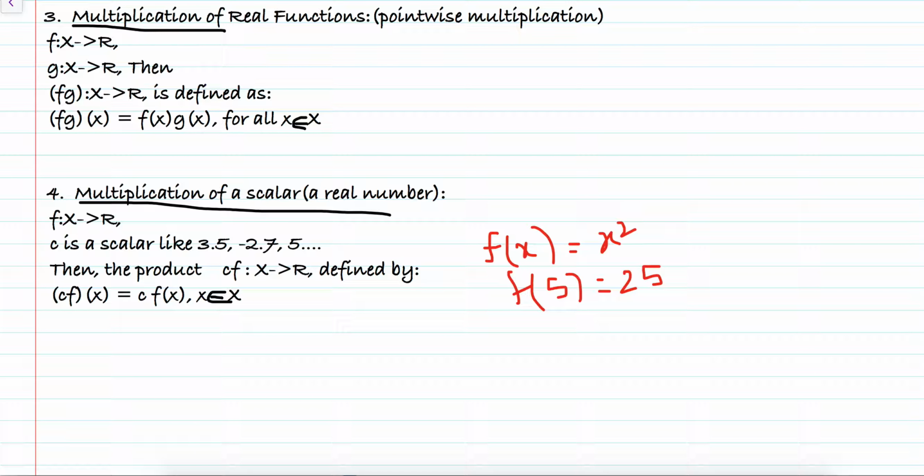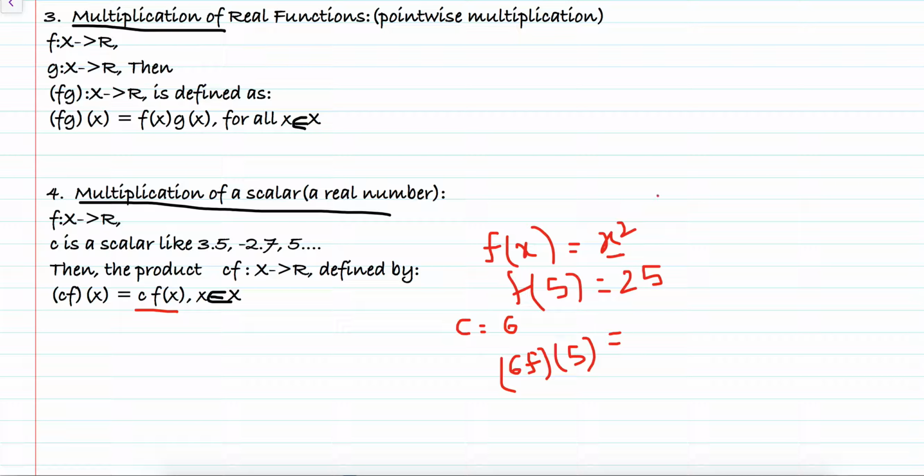And now let c be equal to 6. Then 6f is our new function, 6 times f of 5.